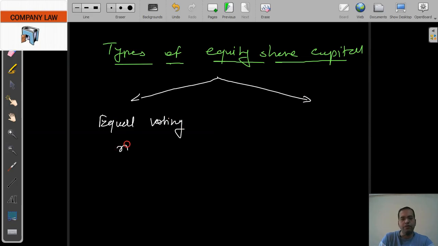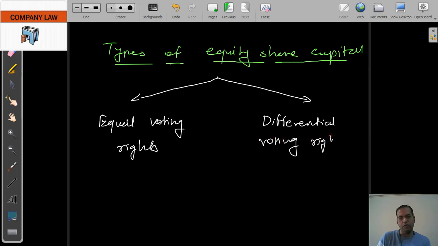Equal voting rights. I think now you understood the concept of equity share capital. If you understand preference share capital very well, then you can make out what equity share capital is, which is simply not preference share capital. That's it. So equity share capital gets equal voting rights in one part, or differential voting rights.